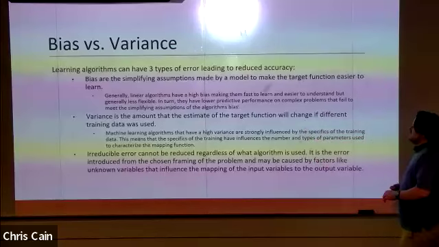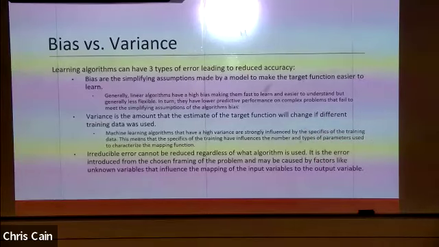Variance, on the other hand, asks: if we use different training data, how much does what we learn change? So imagine now the training data that I use for going on dates is a bunch of West Coast people versus East Coast people. How would how I learn to hold myself differ if I were dating West Coast people versus dating East Coast people?